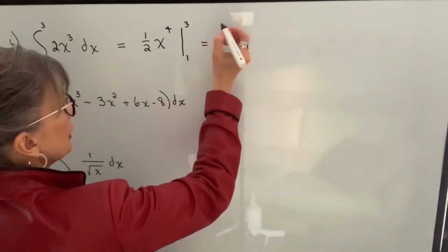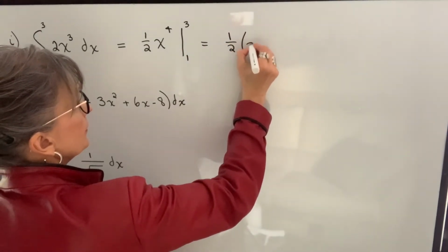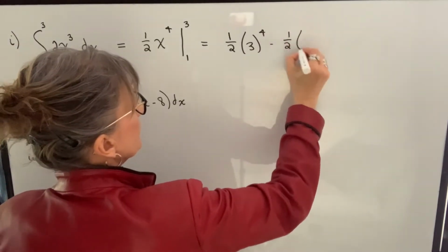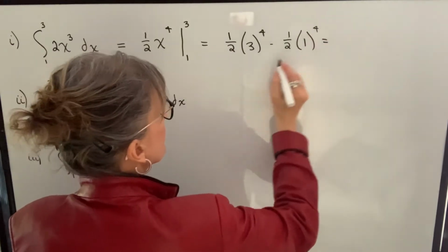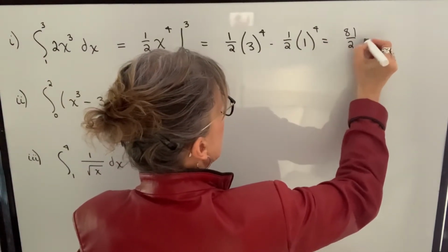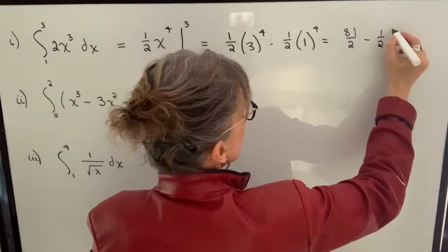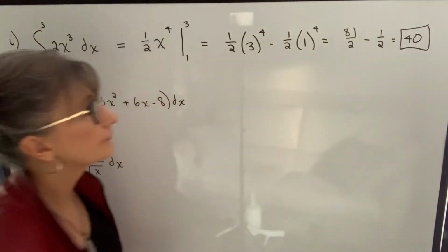And then I simply plug my top number in, so 1/2 3 to the 4th minus 1/2, put my bottom number in, 1 to the 4th. And when I evaluate it, I'm going to get 81/2 minus 1/2, which is 80/2, which is 40. And you're done.